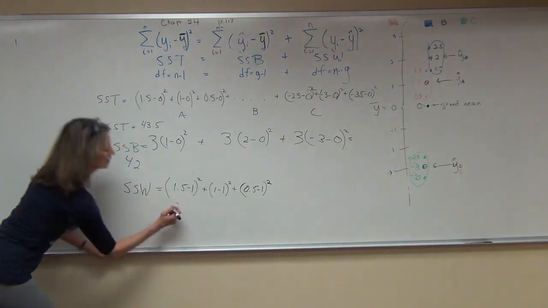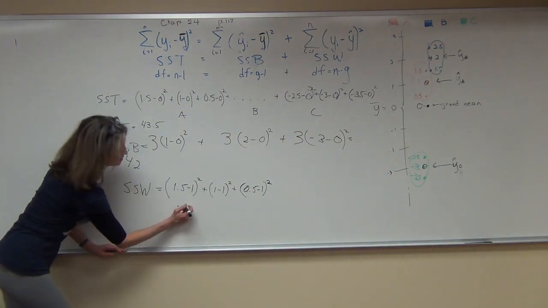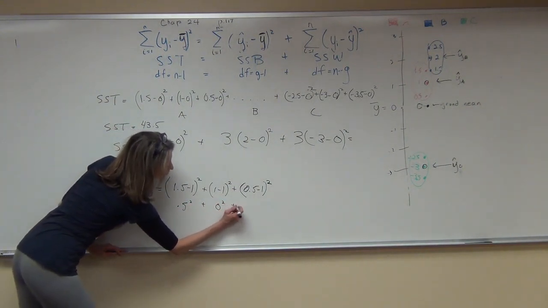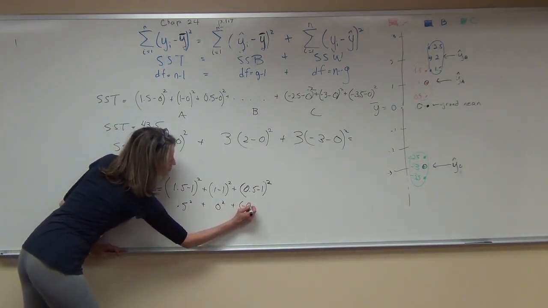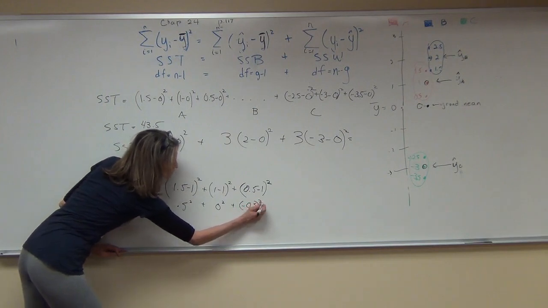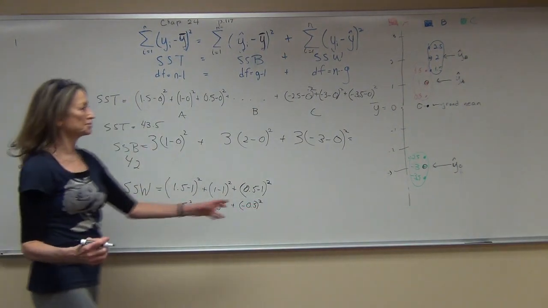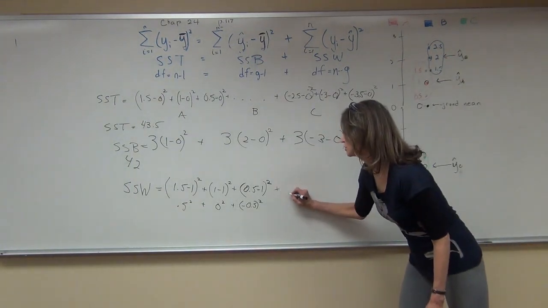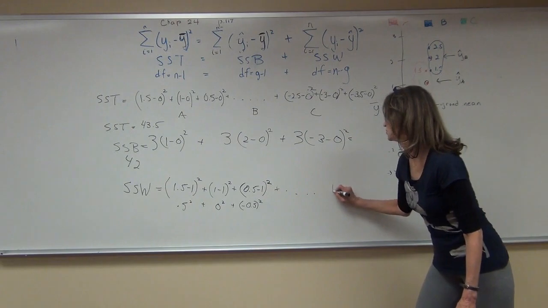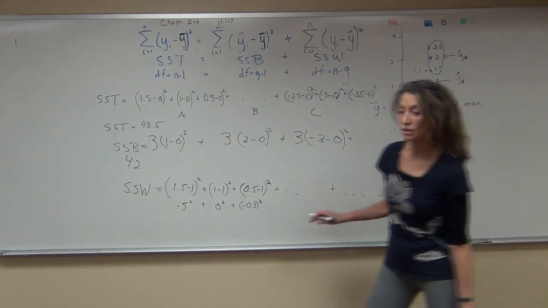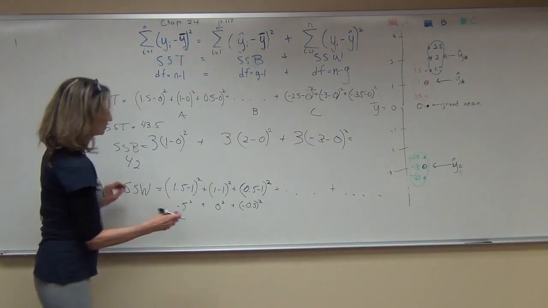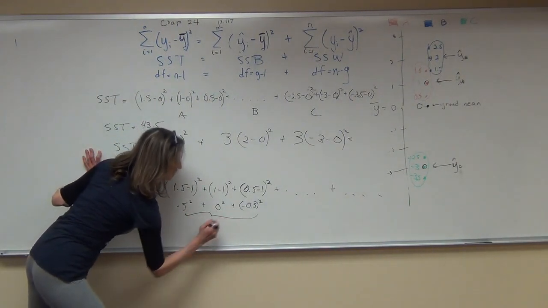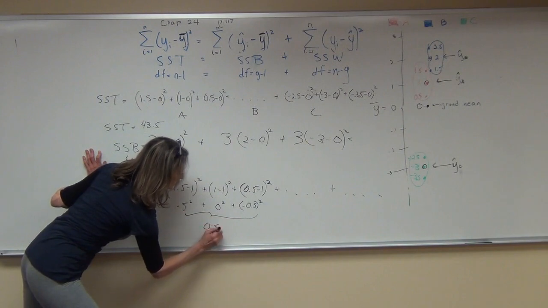So all of them are going to follow the same pattern in this example. They have the same distances, so it's going to be the same for all of them. So what do we get? We get 0.25 and 0.25, so this is 0.5.